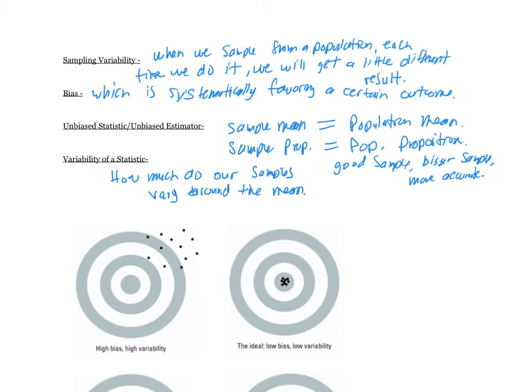The wider the range of samples we get, the more variability we have. We would like our samples to all cluster right around the actual population mean so that we can find it easily. We're going to find out that the bigger our samples, the more those sample means will cluster around the population mean.